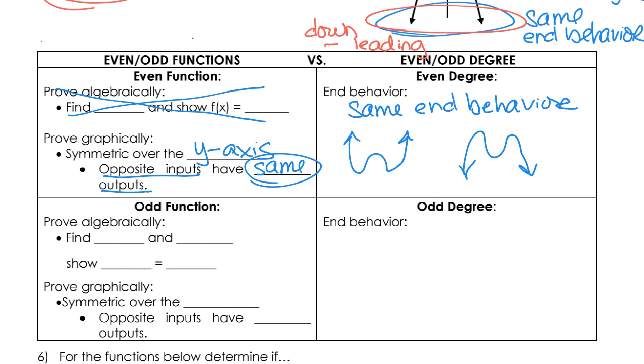Whereas when we talk about odd functions, we could prove them algebraically, but again, I cut that part out this year for the sake of time. To prove them graphically, we talked about them being symmetric over the origin, also known as a rotation around the origin of 180 degrees, meaning it looks the same upside down as it does right side up. We also talked about opposite inputs having opposite outputs.